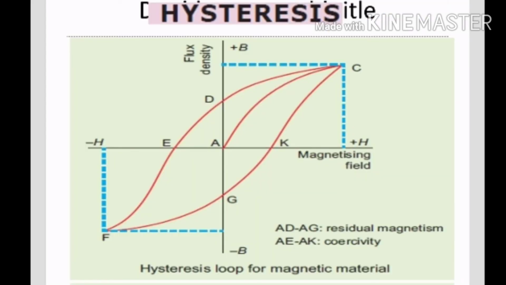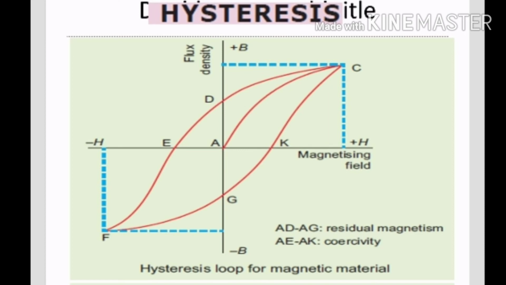With further increase of the magnetizing field H vector in the reverse direction, the magnetic induction increases along EF until it reaches saturation at the point F in the reverse direction. The magnetizing field is decreased and then increased with the direction reversed. The magnetic induction traces the path FGKC.